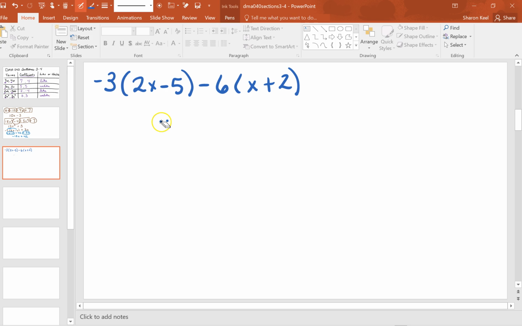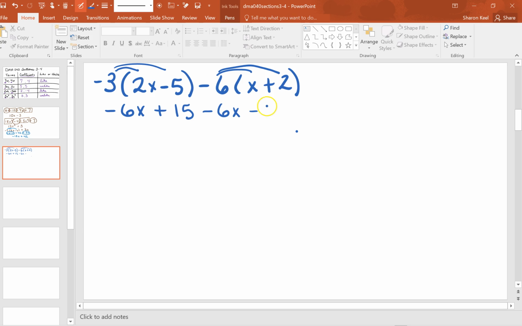This negative 3 is distributed with only the first parenthesis. Negative 3 times 2x is negative 6x. Negative 3 times negative 5 is positive 15. Negative 6 is distributed with these two. Negative 6 times x is minus 6x. Negative 6 times 2 is minus 12.